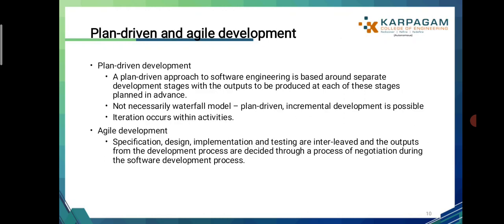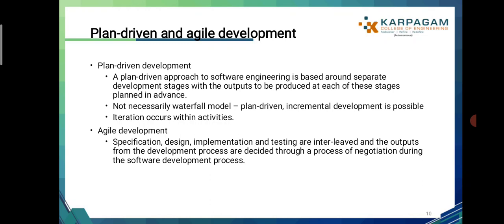Then next, the plan driven or traditional approach versus agile development. In a plan driven approach, we have documentation. Based on our documentation, we follow the rules and regulations of each and every document. Everything is written in a document, so we follow only the documentation.